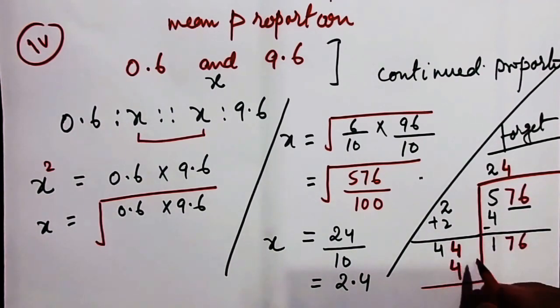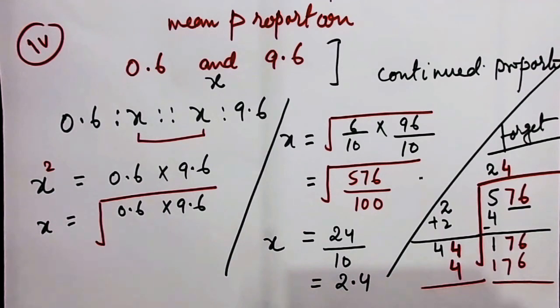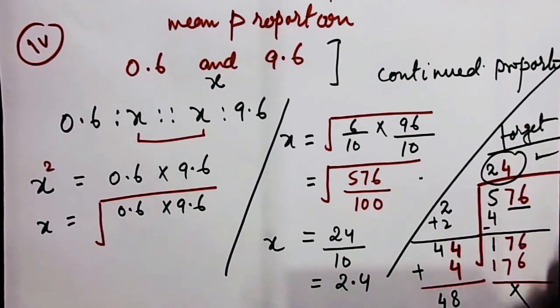Let's multiply. 4 times 4 is 16, 4 times 4, 176. So here this space should only be left for addition. 4 plus 4 is 8, plus 4. Again we shall keep on continuing. Here we got nothing. This is our answer, 24.